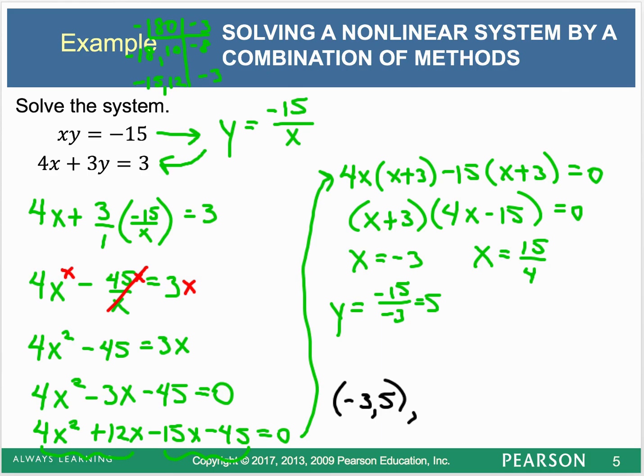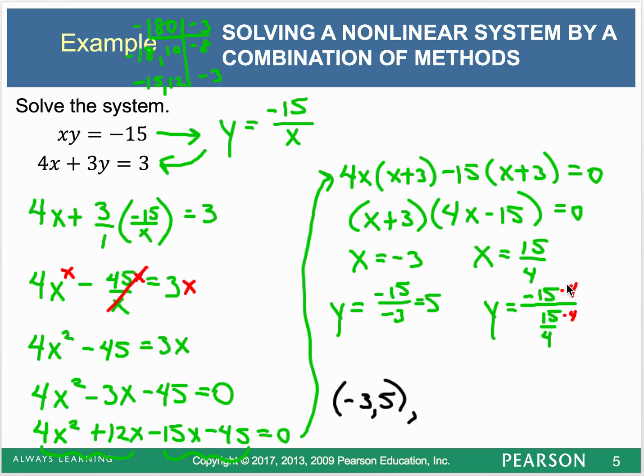And over here, if x is 15/4, okay, y is negative 15, don't forget what this is now, over 15/4. So there's a couple of ways you can handle this. You can multiply the numerator and denominator by 4. That's what I would do. Or if you just recognize this as negative 15 divided by 15/4 and work it out as dividing two fractions, if you don't recall how we really simplify these by the time we get to this point.